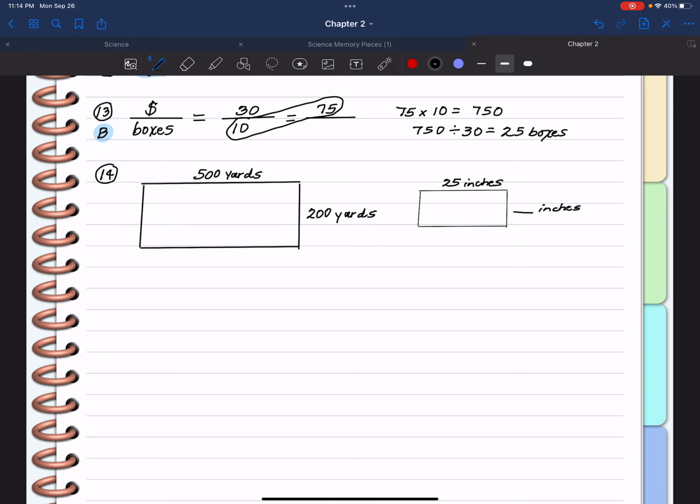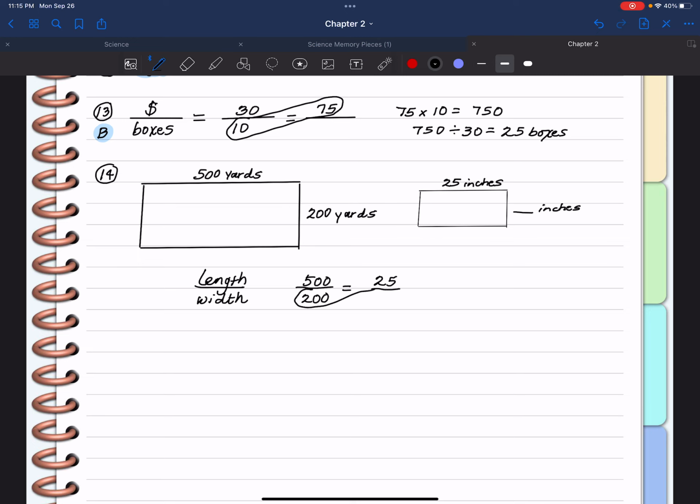Those units have to match up. So I'm going to compare the length to the width in the ratio. So 500 to 200 is proportionate to 25 to the unknown.